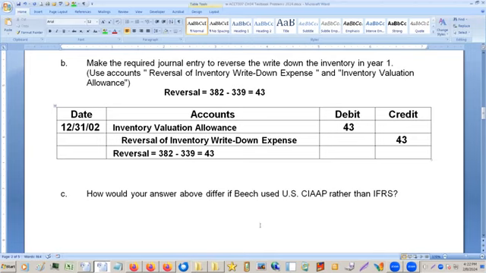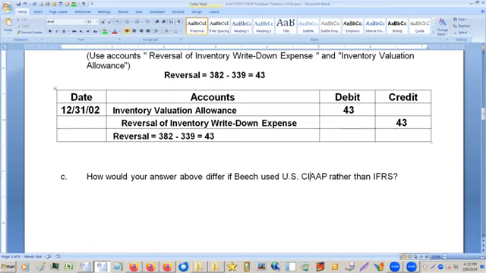How would the above answer differ if we used US GAAP? That should be GAAP rather than IFRS. Excuse me.